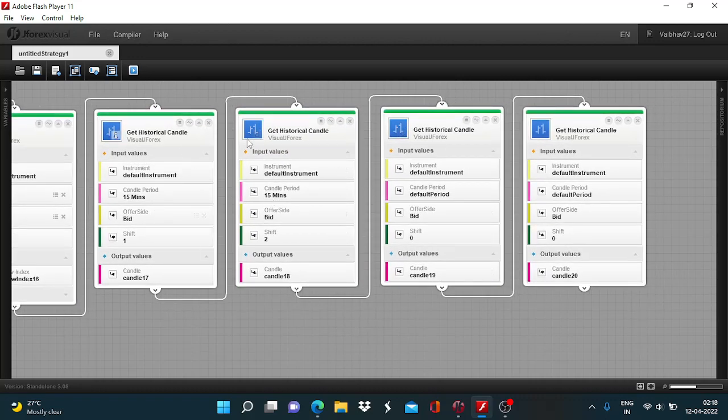Okay, so we have defined these two 15-minute candle with the look back period of 1 and 2 respectively.